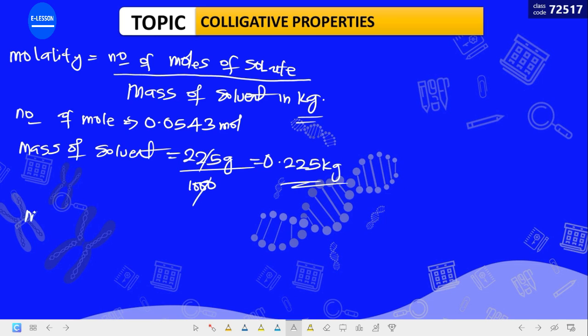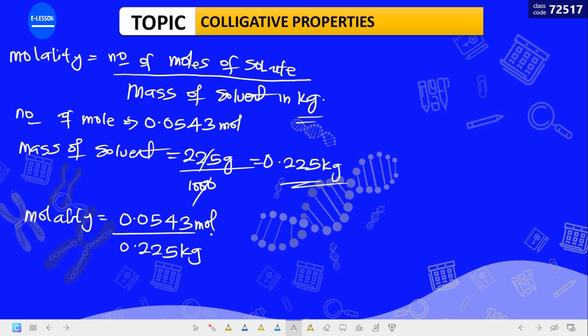So we'll now come back here and say molality: number of moles of solute is 0.0543 divided by 0.225 kg. This is mole.